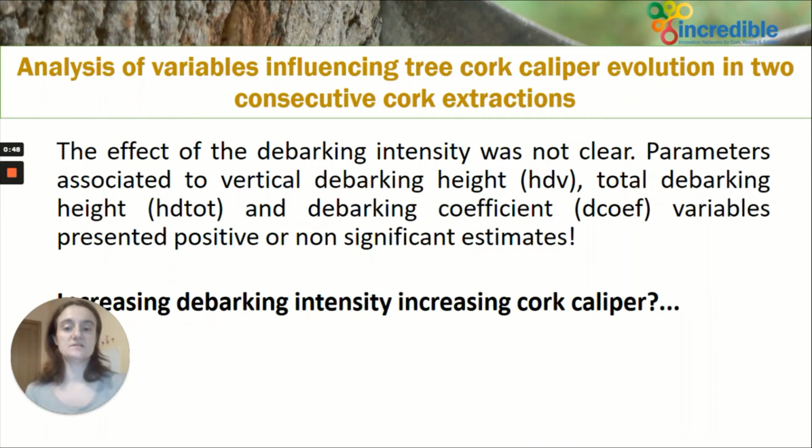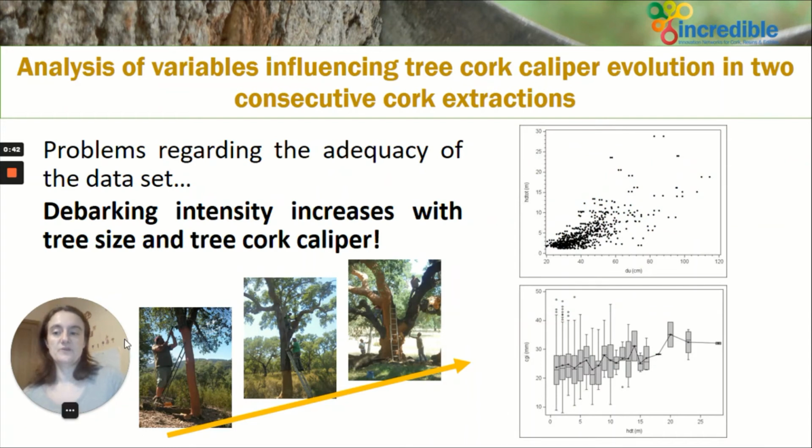What we did was to go and have a look at our data set. And this is what we found. We found that there was an increase of the debarking intensity with the increase of the tree size and of the tree cork caliper.